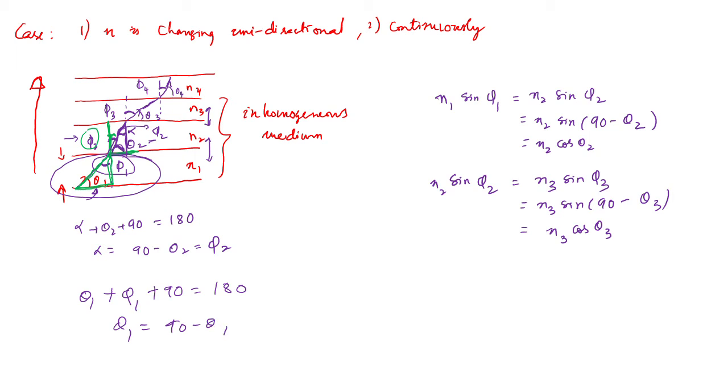Then n1 sine phi 1 is n1 sine of 90 minus theta 1, which is n1 cosine theta 1. Similarly, n2 sine phi 2 can be written as n2 cosine theta 2. So you see that n1 cosine theta 1 is equal to n2 cosine theta 2, and n2 cosine theta 2 is equal to n3 cosine theta 3, and it goes on so forth.